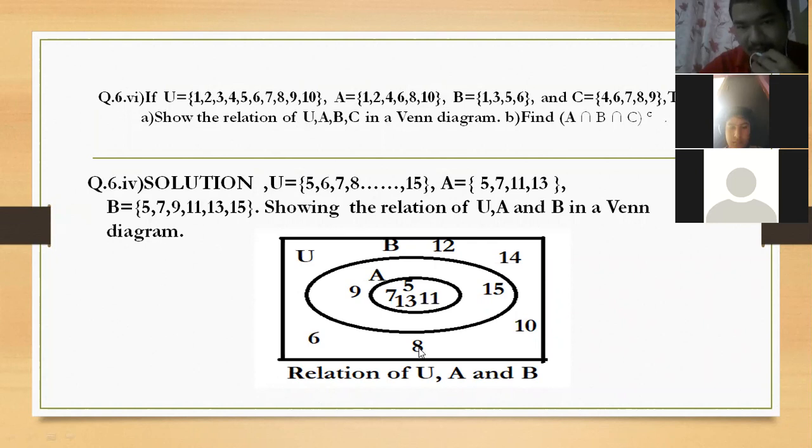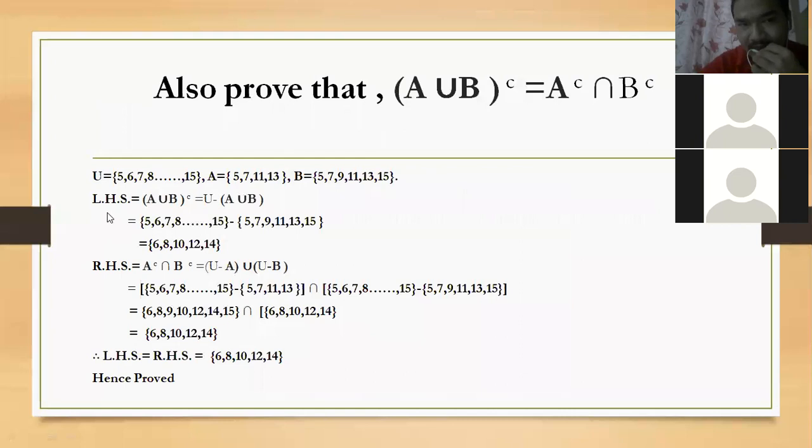In this Venn diagram, all elements of A lie in B. That's why A should be drawn inside B. Set A should be drawn inside B because all the elements of A lie in B. That means A is a subset of B. Okay, this is the relation of U, A and B. Okay, children, that is 4 number.